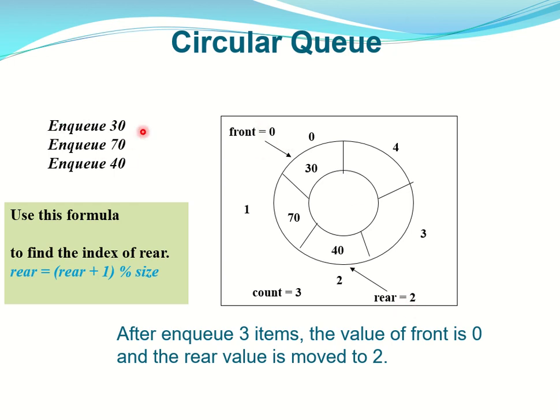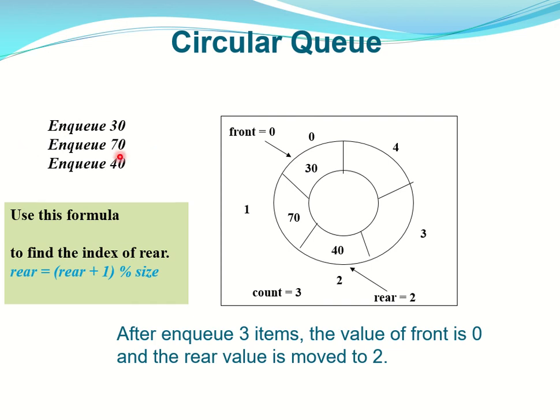For the first enqueue of 30, front and rear move to position 0. So -1 plus 1 equals 0, and 0 mod size 5, so 0 mod 5 equals 0. That means rear is at location 0 when you first enqueue 30.